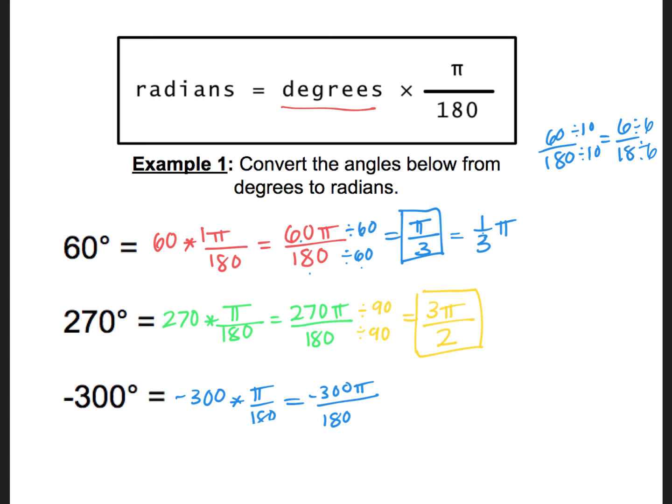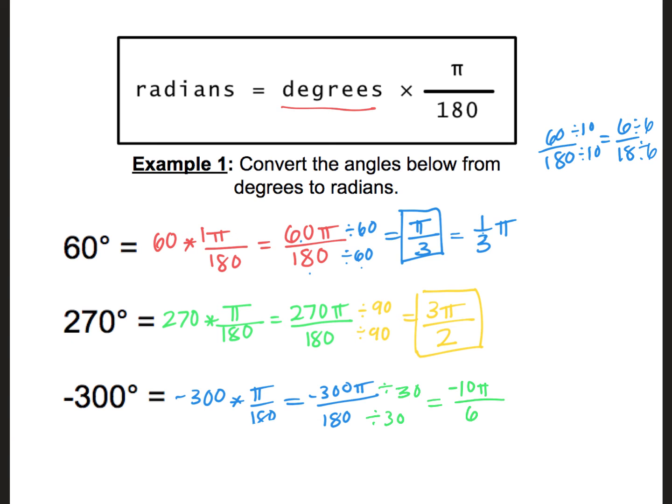But I do know that I can divide both of those numbers by 30. So let's do divided by 30. Divided by 30. When I do that, negative 300 divided by 30 is negative 10 pi. 180 divided by 30 would be 6.